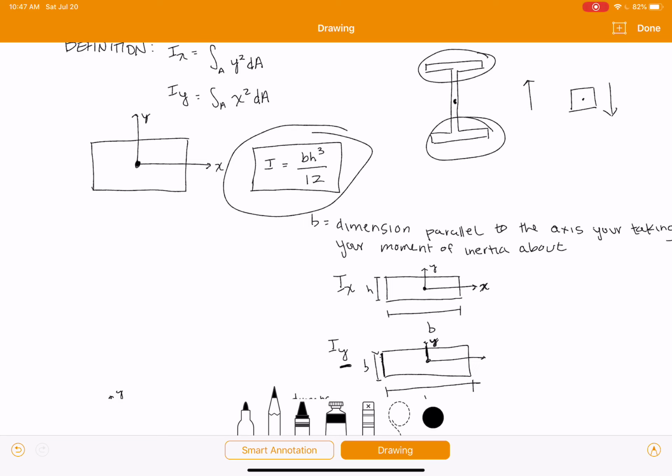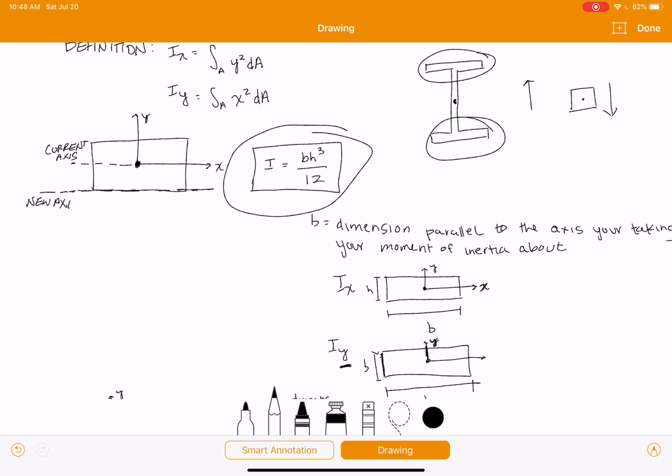So if we had a shape, let's say, we know the equation for moment of inertia if it's taken about this x-axis, but what if we want it taken about this x-axis right there? So this is our current axis, and this is our new axis.